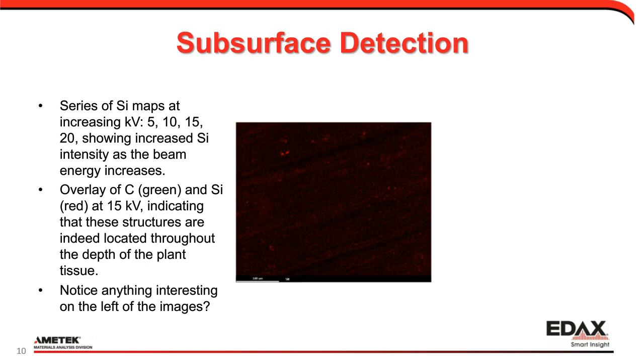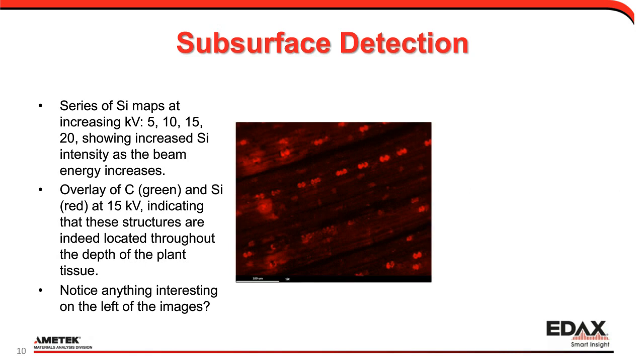But what we do see, interestingly, on the area to the left side of the screen, and I'm not doing a poll on this one, it's just of interest, is that these areas seem to have silicon that has come out of the area. For those of you experienced in the microscopy world, you probably know exactly what's going on. Those are the areas that I did a point analysis of.